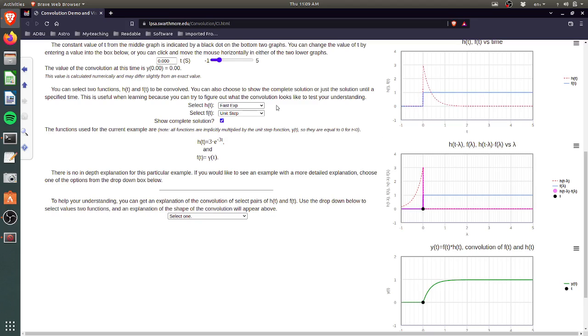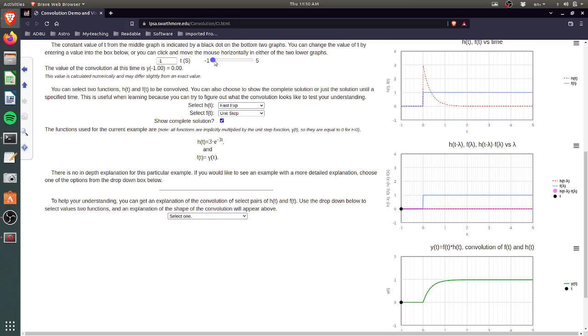Let me show you how it works. What we have to do is take a mirror image of one of the functions, then move it, keeping the other function fixed. Here the Heaviside step function is kept fixed, and for the red pulse function, you take a mirror image.